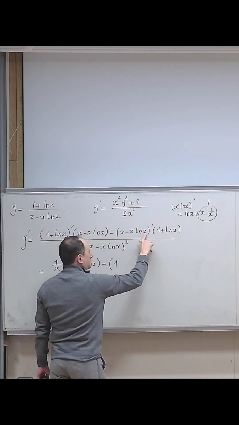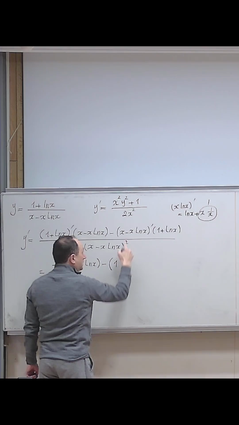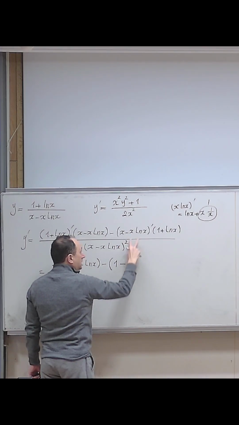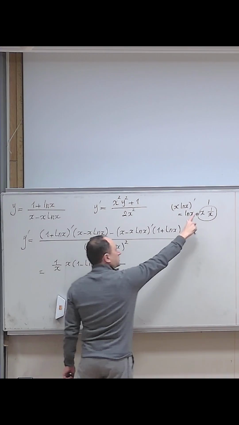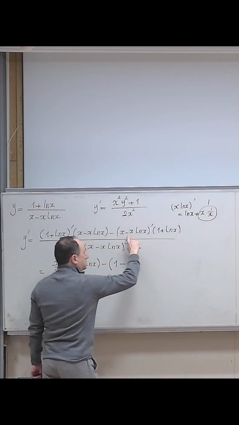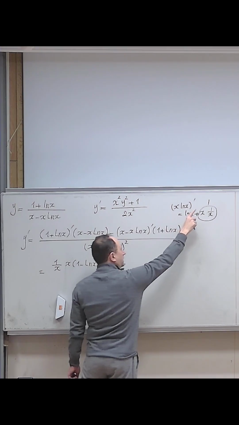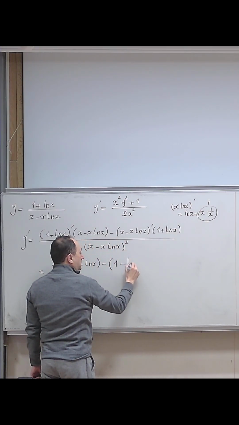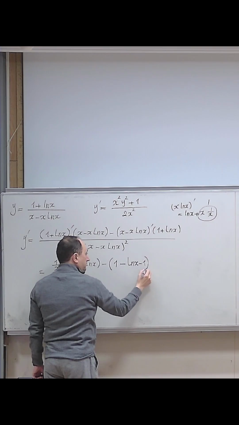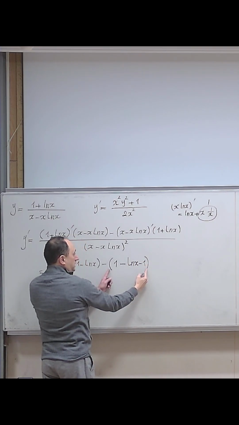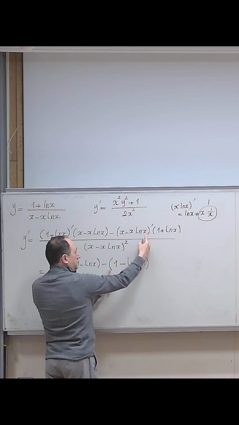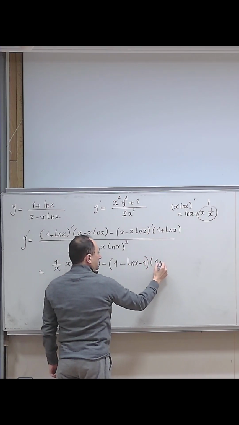Be careful here. I have a 1, I have a minus sign, and the derivative of this becomes 1 plus ln x, but the minus sign goes for this one and that one. So this becomes minus ln x minus 1. So what I have written here is the derivative of that, and then multiplied by 1 plus ln x.